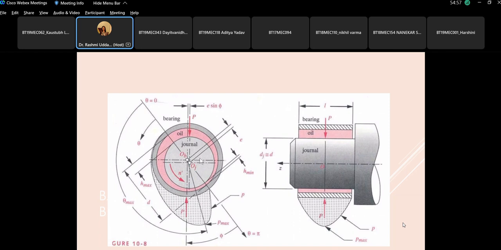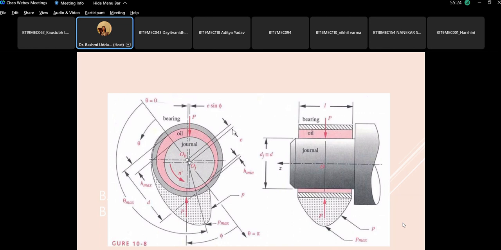And in the side view, this is the journal, this is the bearing. The moment it starts running at its full speed, these two centers, the center of the bearing and the center of the journal, are eccentric. And this eccentricity e is maintained. We will also be getting the value of e in the numericals, or you have to calculate the eccentricity from those graphs.